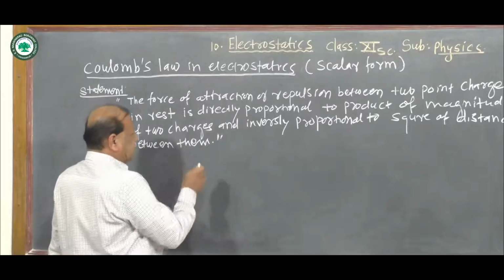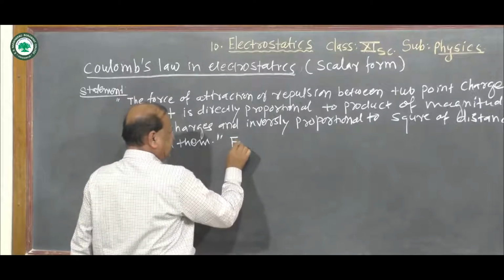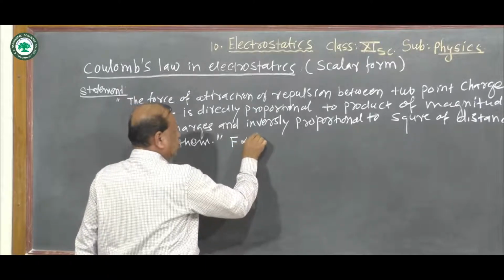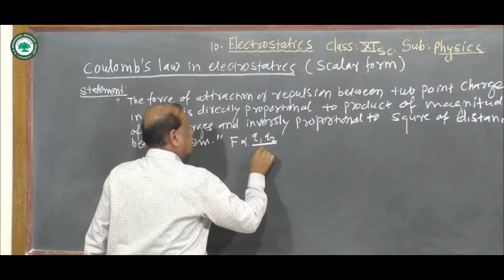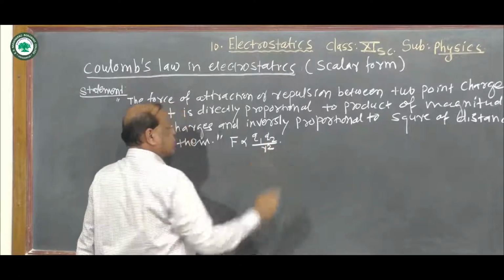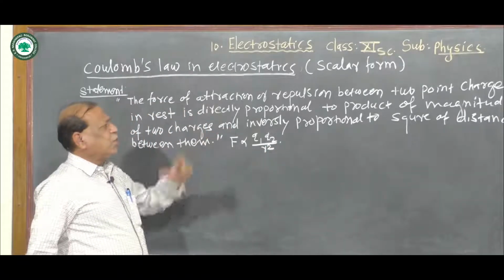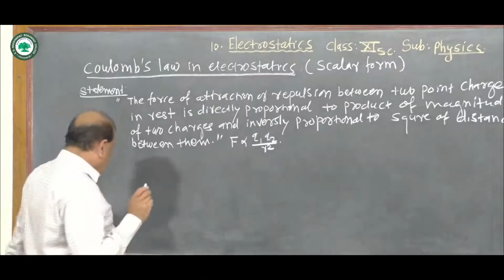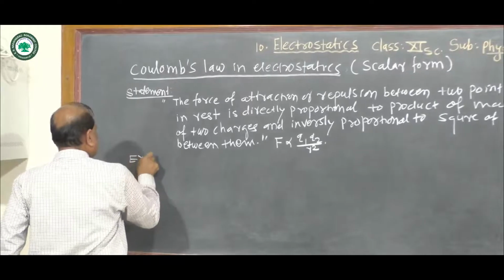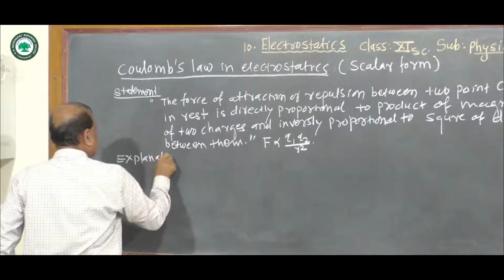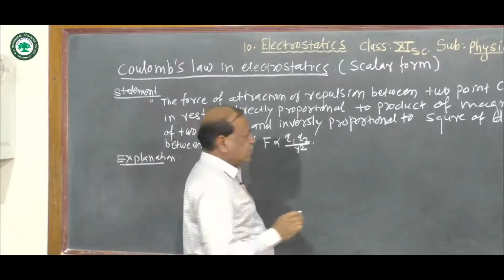Now, the mathematical statement of this Coulomb's law is F is directly proportional to Q1 Q2, and inversely proportional to the square of the distance between them. Now we have to see the explanation of this Coulomb's law.